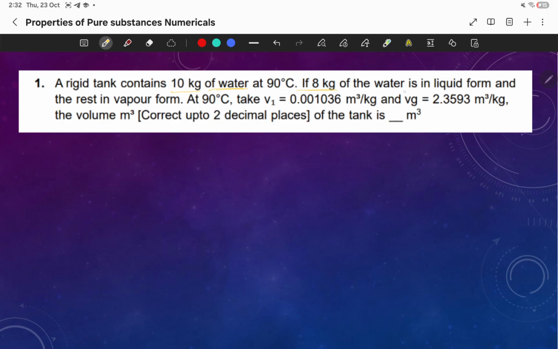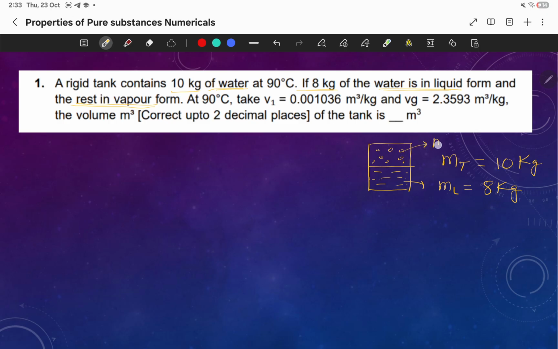If 8 kg of water is in liquid form and the rest in vapor form, what is the situation here, guys? We have a container, and the total mass is 10 kg, and it is saying that the mass of liquid is 8 kg, and the rest is vapor.